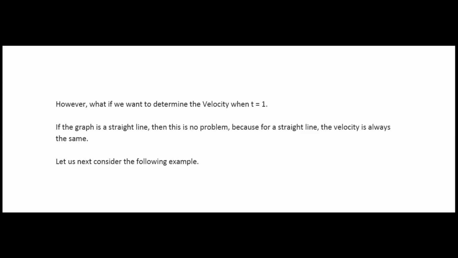Not at 0, not from 0 to 2, but how about somewhere along the trip? What was our velocity then? Of course, if the graph happens to be a straight line, that's no problem, because that is the average velocity.